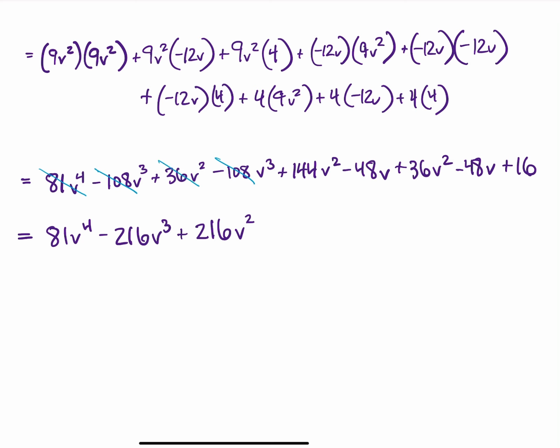Let's cross those out. Now I'm left with my v to the first power term, so I have minus 48v minus another 48v. So those will combine to become minus 96v. And then we're left with that plus 16 at the end.